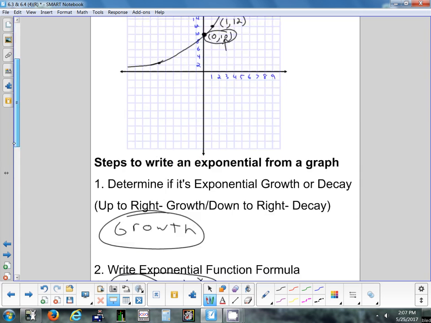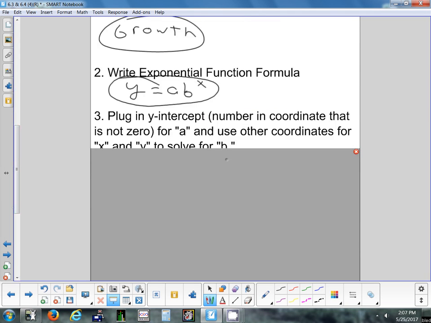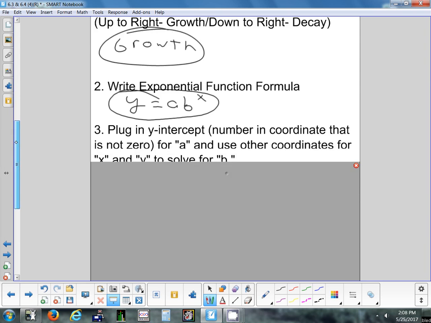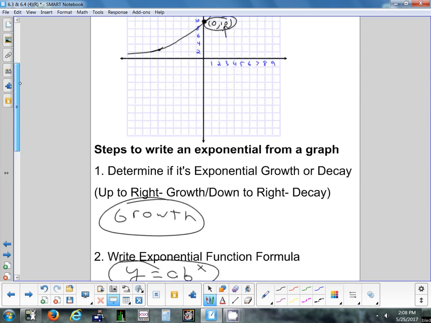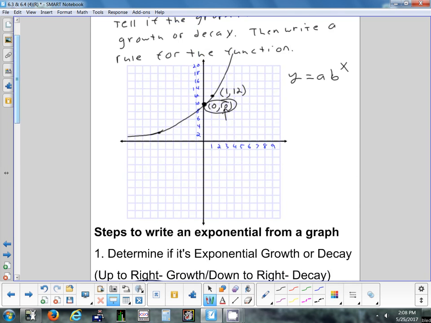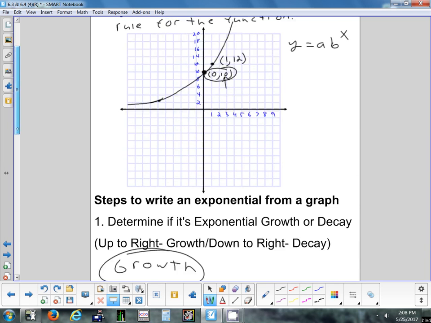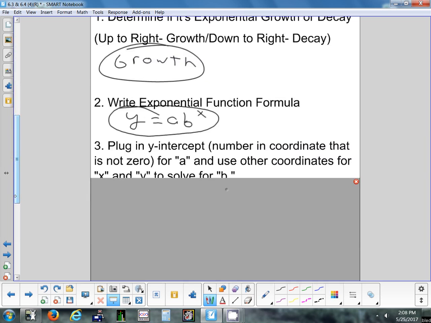It's the y-intercept. You're going to plug in the y-intercept. In this problem, what's my y-intercept? I just circled it. It's kind of hard to see, but it's 10. You're going to plug in that number for a.